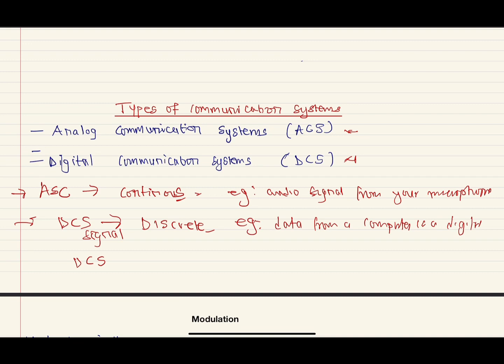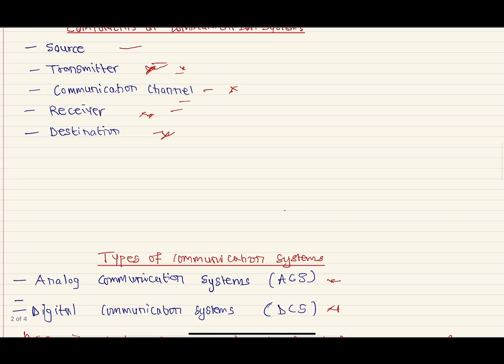And the last one I would like to touch on is data compression. Digital signals can be compressed to reduce the amount of bandwidth required to transmit them. This is very important for applications such as streaming of videos and audio over the internet.